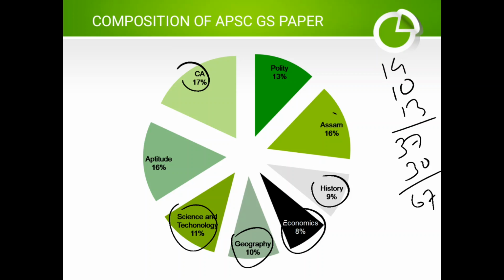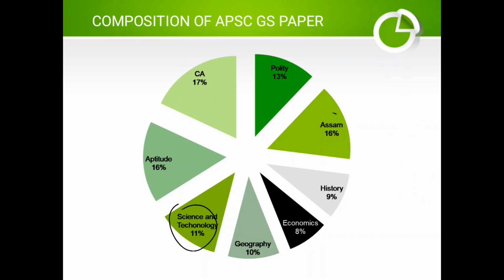Geography can be a whole big syllabus if you look into it, but we have to know which part of geography is important. Science and tech and current affairs are mostly interlocking, because some parts of science and tech are usually current affairs questions.